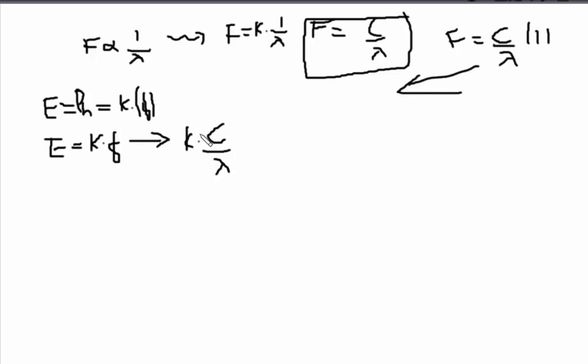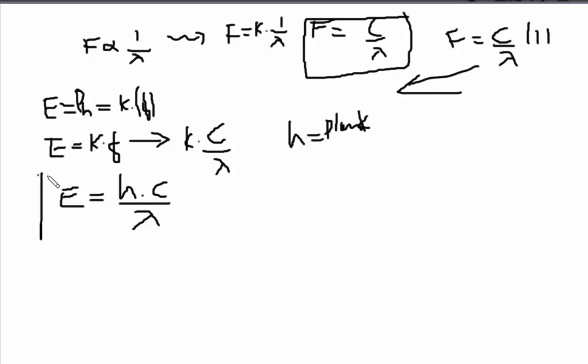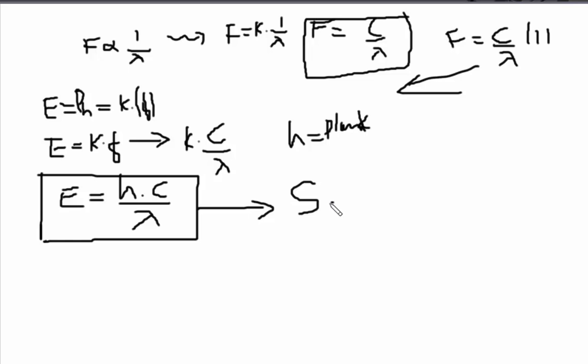Then, derived from Planck's work on energy bands, he came up with some constant that is called h, Planck's constant. Then the final expression for the incident solar energy is Planck's constant into c divided by lambda. This is the energy equation for solar radiation.